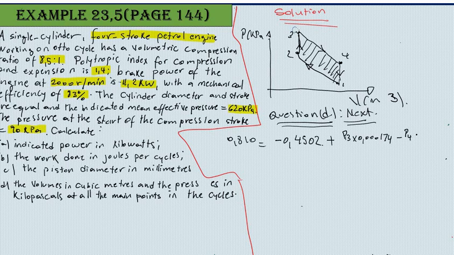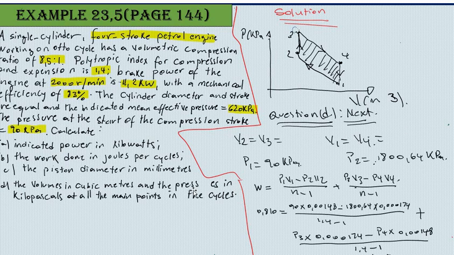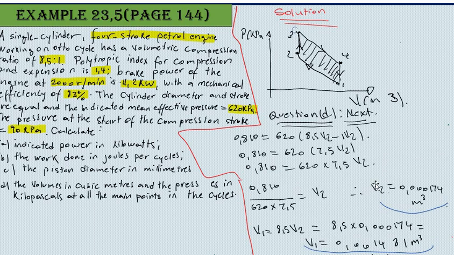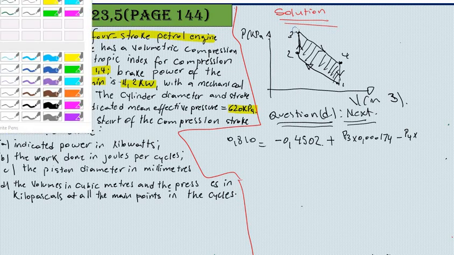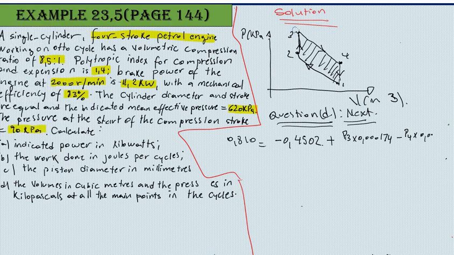And then we have P4 multiplied by V4, but V4 is the same as V1. So V1 is 0.00148. I need to divide this by n minus 1, and n minus 1 is 0.4.